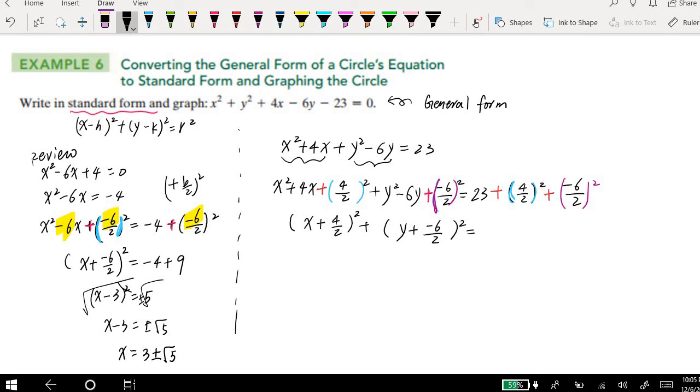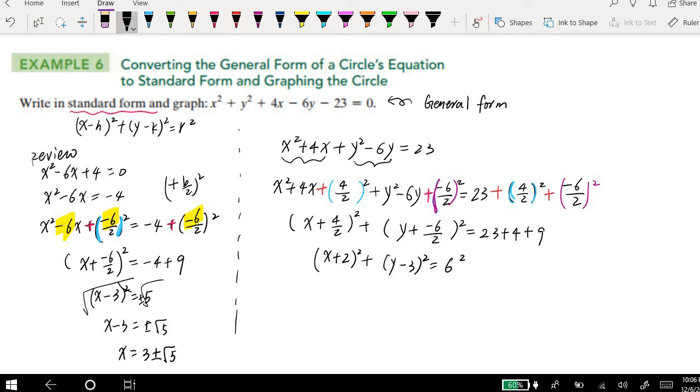On the right side, that will be 23 plus 4 and then 9. Once we have this, the rest is just simplifying. We're going to have x plus 2 squared plus y minus 3 squared, and that will be 27 plus 9, which is 36. I can rewrite this 36 in r squared form, that's 6 squared.